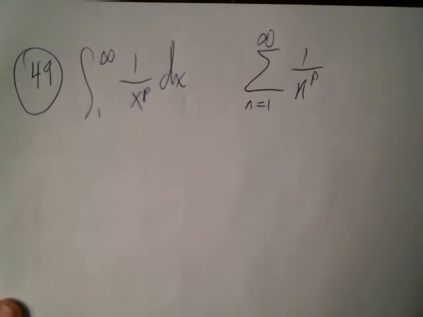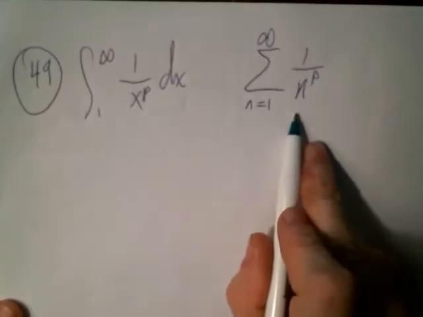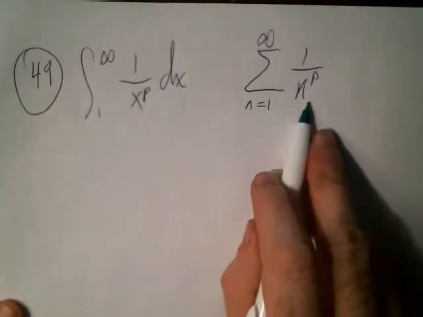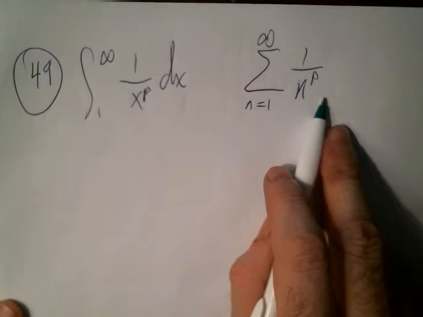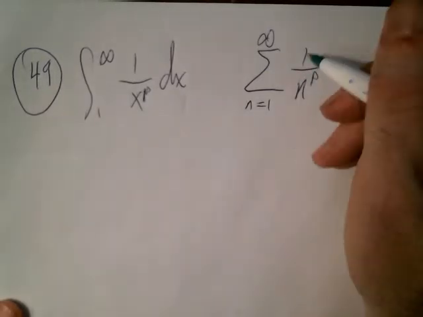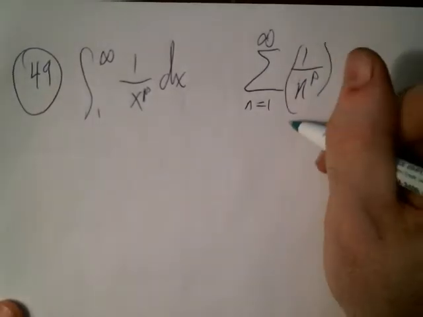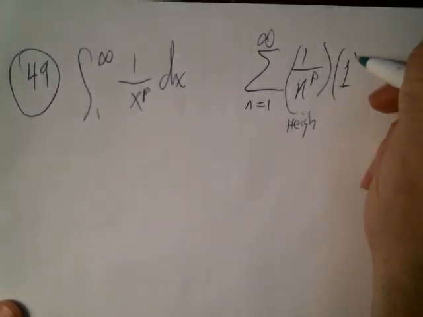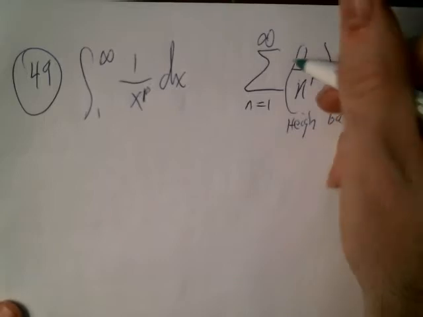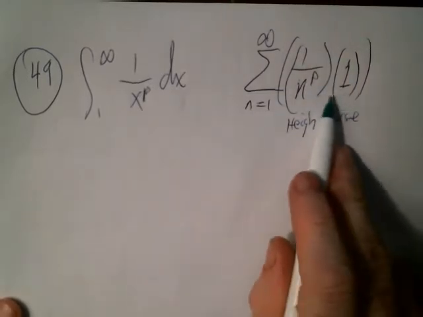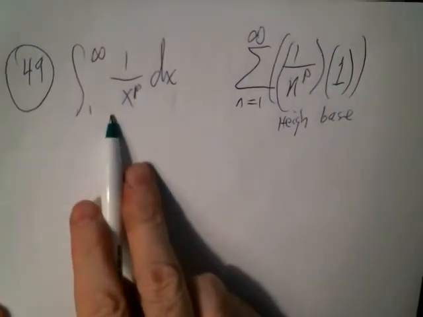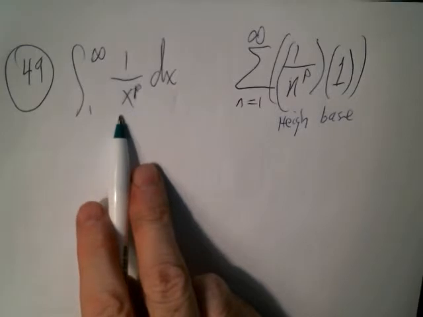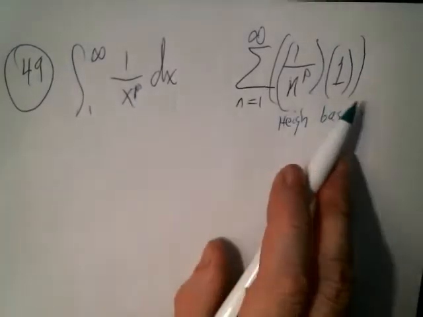These things can be seen as a sum of areas of a bunch of little rectangles of base 1, right? So this part is the height of the rectangle. And then what is the base? Well, the base is just 1. So you can re-envision it as a sum of area. Of course, we already consider the integrals as area, so there seems to be a relationship between this and this.